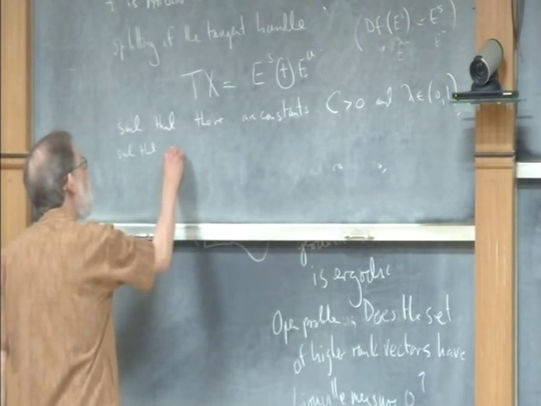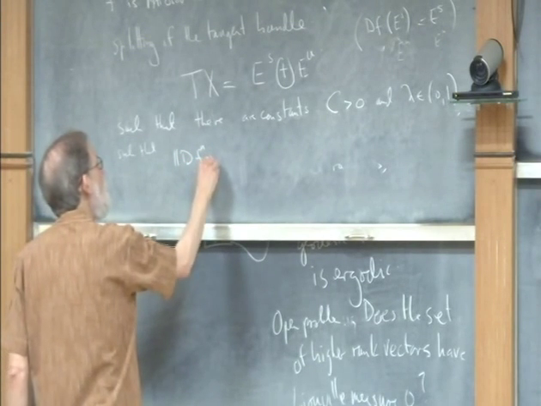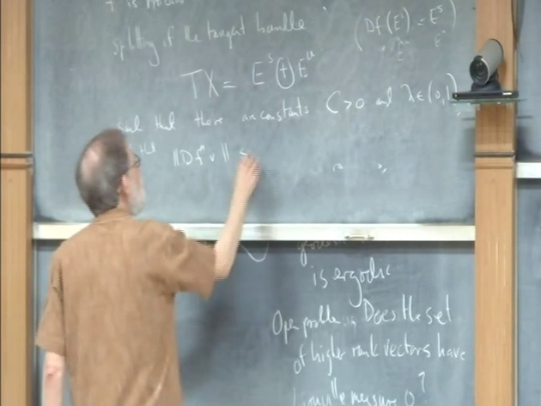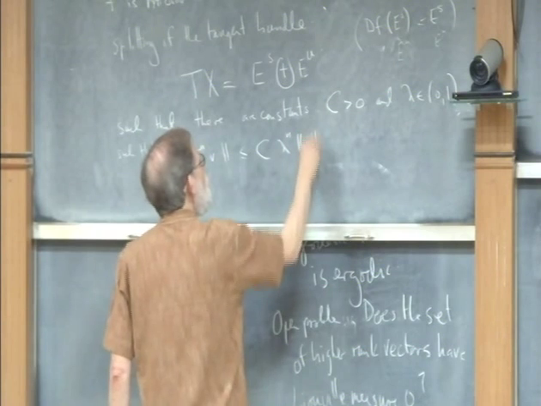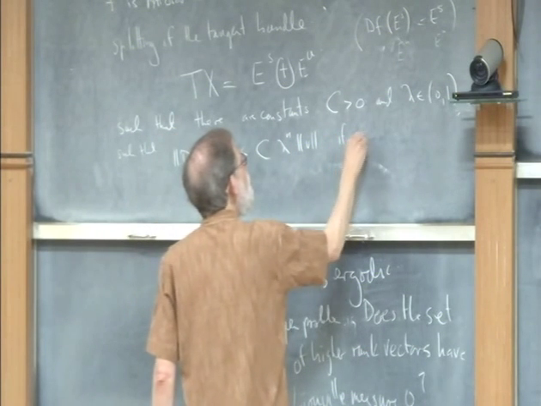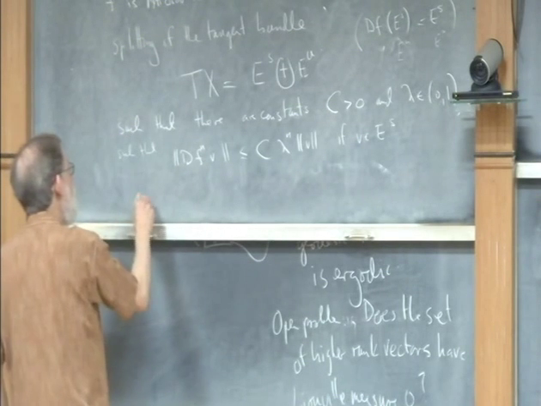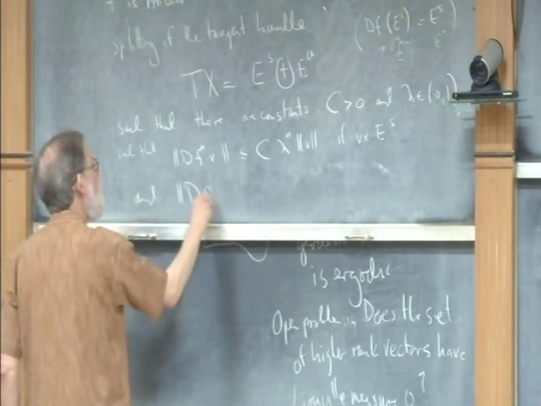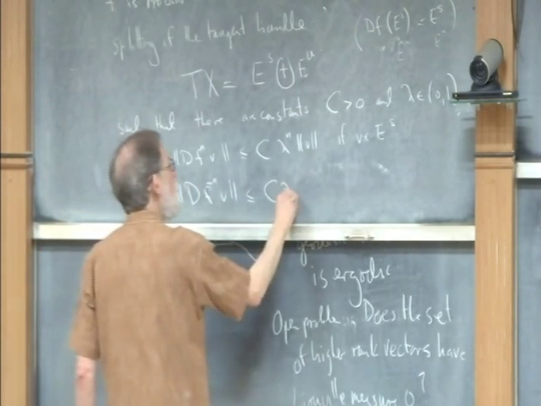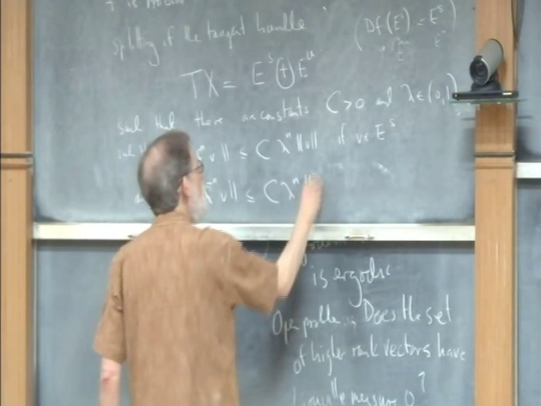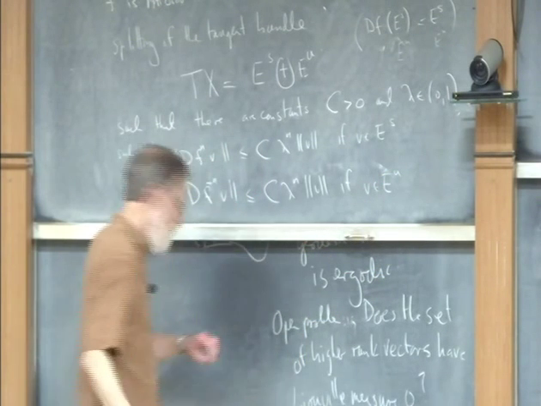So that the norm of df^n v is less than or equal to C lambda^n times the norm of v if v is in E^s, and the norm of df^(-n) v is less than or equal to C lambda^n times the norm of v if v is in E^u.